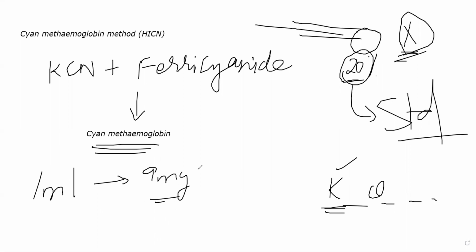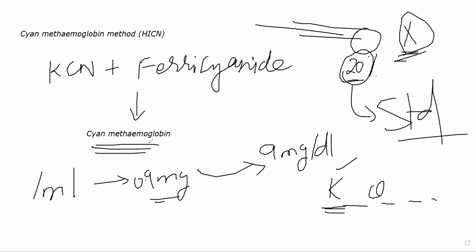From this you can infer that that person has 9 mg of hemoglobin, 9 mg per deciliter, sorry, 9 नहीं, let us suppose deciliter है ना, 0.9. ठीक है, let us suppose 1 ml में 0.9 mg of cyan methemoglobin मिला, तो you can infer that this person had that amount of hemoglobin in their blood, because that amount of hemoglobin is not changing, it is just that you are adding an extra compound. जैसा आप hemoglobin को oxygenate करें तो oxyhemoglobin बनता, here you are indirectly measuring the amount of hemoglobin in the person's body.